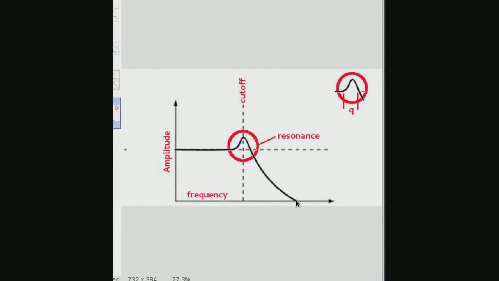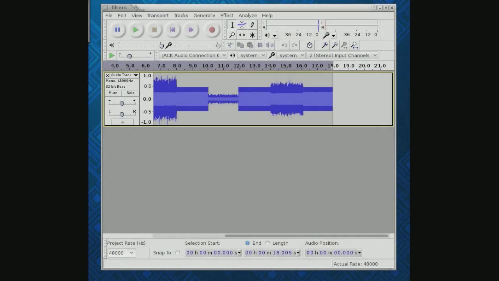Okay, let's go on to part 2. Let's bring up Audacity, run some of these filters over some sounds and see what we get. Okay, so here we are in Audacity, and we have a file here.